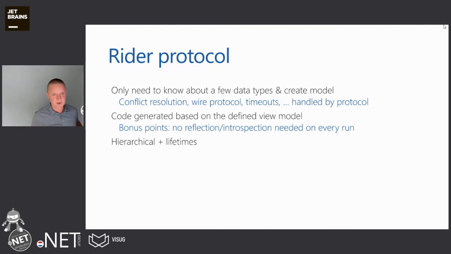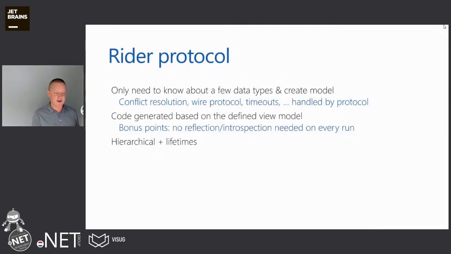So the protocol, our developers only need to know about those few data types that are in there and work with the model. They can build that model, they can create classes in the model, and the model will reflect what the protocol will look like. The things like conflict resolution, the actual wire protocol, timeouts, the fact that you can have disconnects and so on, those are all handled by the library that we created.